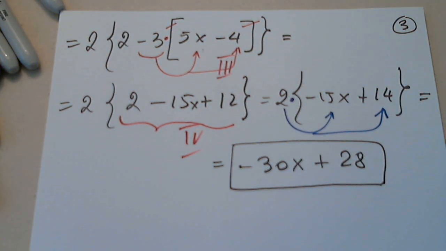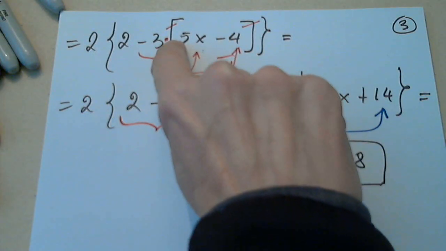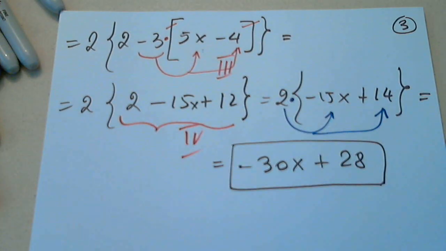I could never touch or subtract 2 minus 3. Because this is a much more powerful operation. I'm not allowed to add and subtract before I multiply or divide from left to right. Perfect. Good.